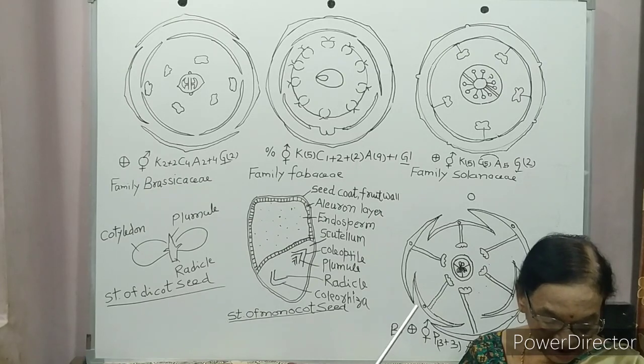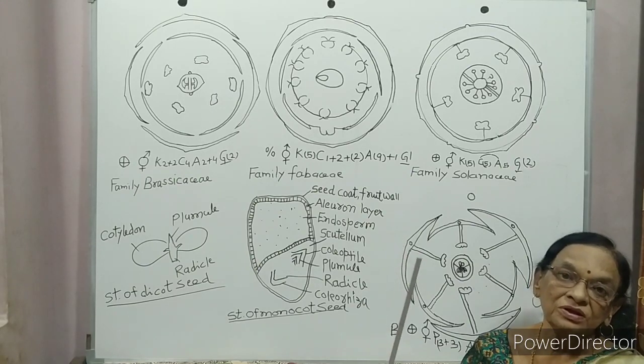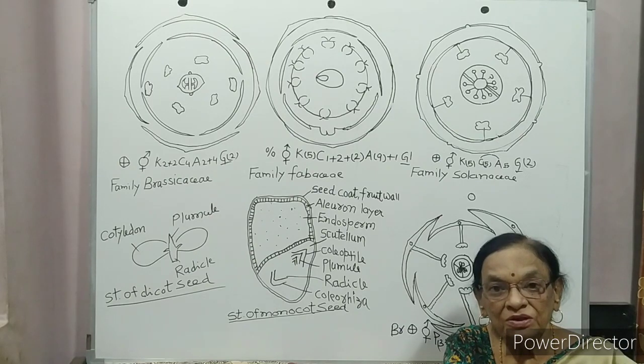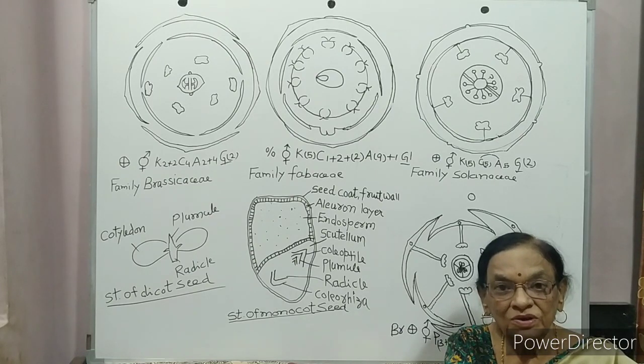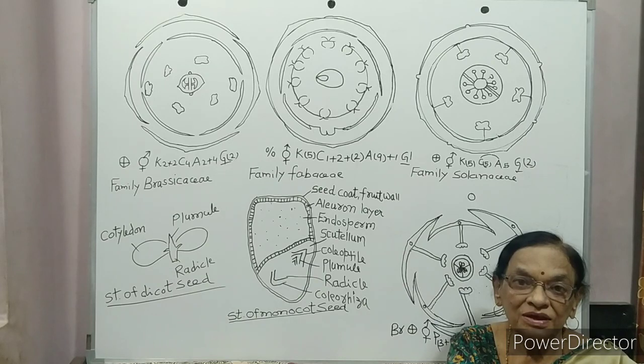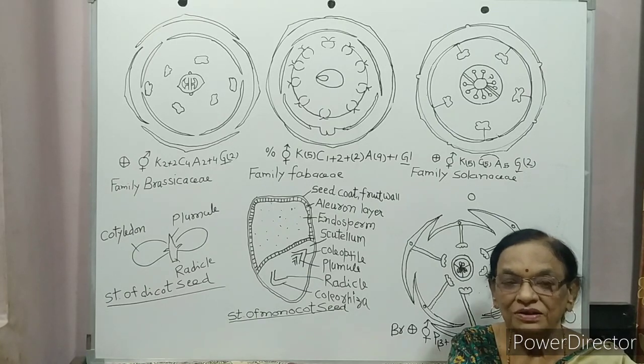Now the other family described in our book is Fabaceae. The old name for Fabaceae is Papilionaceae. Papilionaceae means all the bean plants are included in this family, and it has papilionaceous corolla, meaning the corolla has 5 petals, 2 plus 2 and 1.